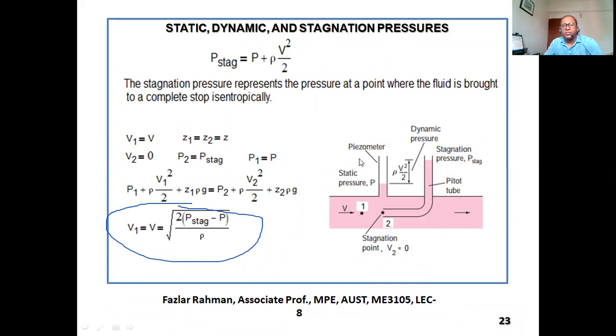If you add a manometer between these 2 points of the piezometer, then what will happen? Right over here, say you put manometric fluid. If the pressure is the same, both sides will be at the same level, right?